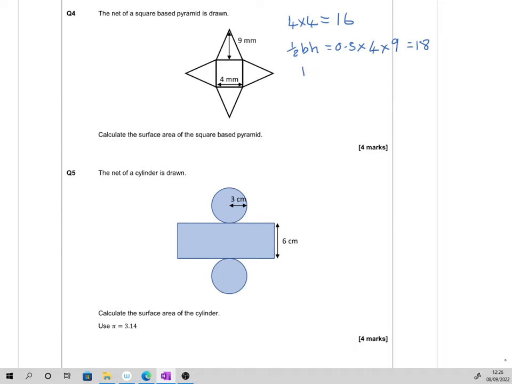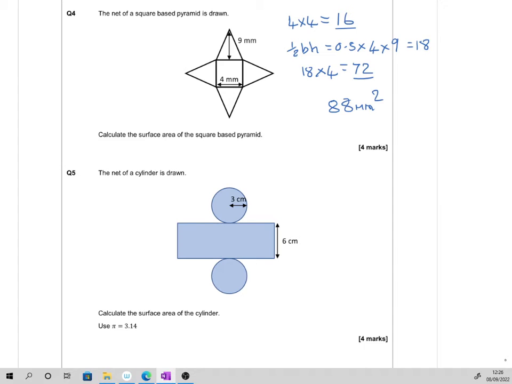Now we've got 4 of them, so 18 times 4 is 72. So the whole surface area is going to be these 2 numbers added together, which is 88 millimeters square.